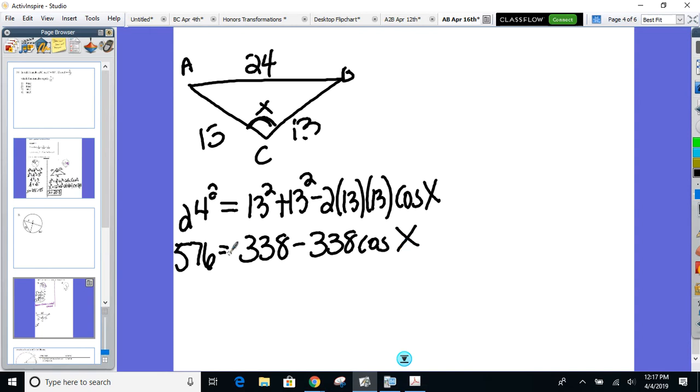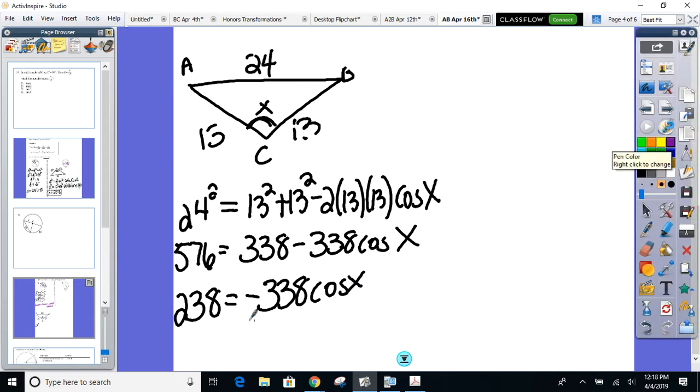You cannot combine these two. One has a variable, the other doesn't. You cannot combine them. So what we need to do is get this 338 over the other side by subtracting. So go ahead and subtract it to the other side. And we end up with 238 on the left. Negative, don't drop the negative sign. 338 cosine x on this side.